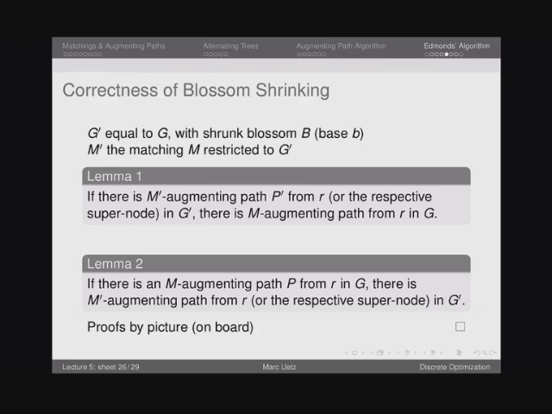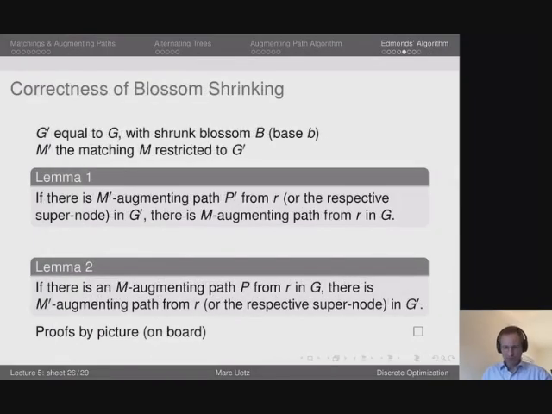So that actually finishes my proof by picture, which would have been a proof on the blackboard. I hope you forgive me if I do not write down this proof in terms of notation, but the intuition should be clear. And then the final word is going to be on the computation time of the algorithm.